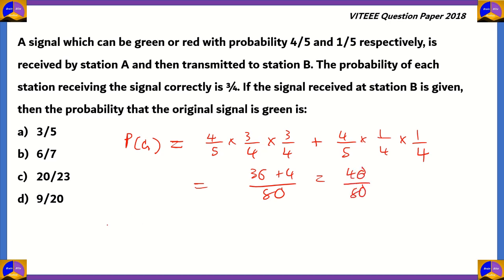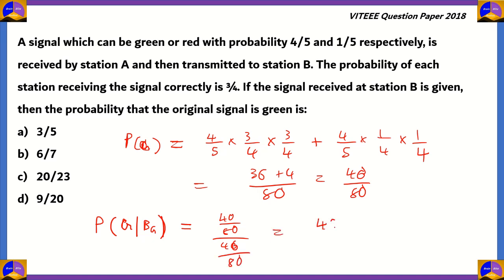So therefore, the idea here is to use P of the original signal being green, given that station B got a green signal. That is equal to the probability that we just got, which is 40 by 80 divided by 46 by 80.